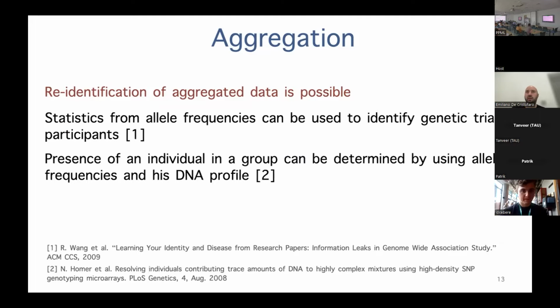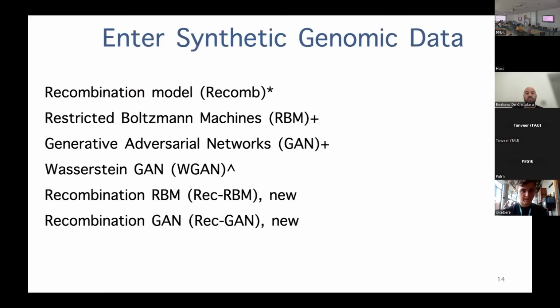And there are attacks like membership inference attacks. Actually, the first membership inference attack that I know of was proposed not in machine learning, but against genomic data. Okay, so any questions so far?